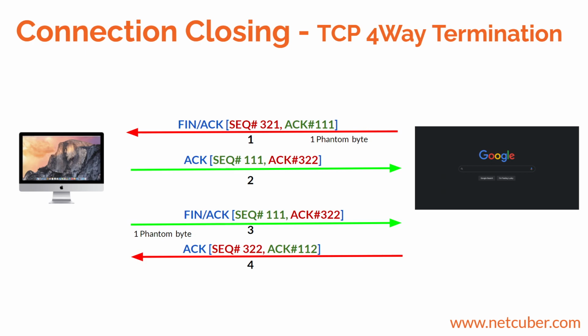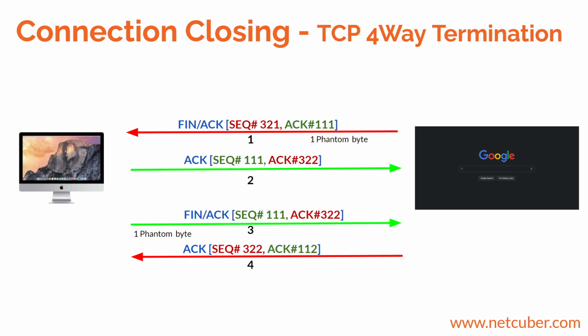So now they use 321 and the acknowledgement will be 111, as in our scenario, and one phantom byte in size. The client will acknowledge back with its latest client sequence number, and it's acknowledging with the updated server sequence number. So that communication is done.